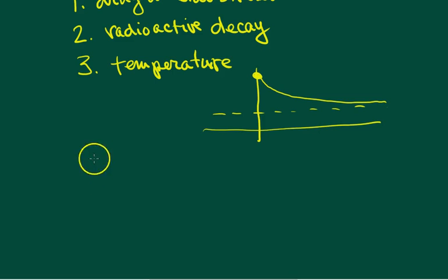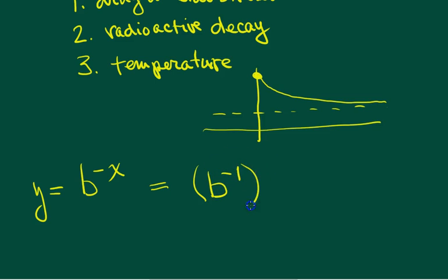Let's have a look at b to the negative x. So this is an exponential function because it has the base and it has x in the exponent. And by the rules of exponents, this is equal to b to the power negative 1 raised to the x. I multiply these two exponents together.